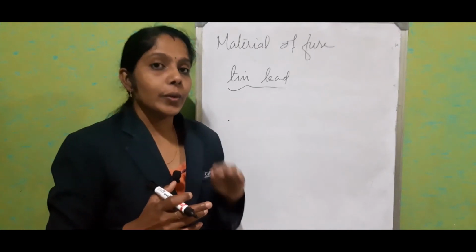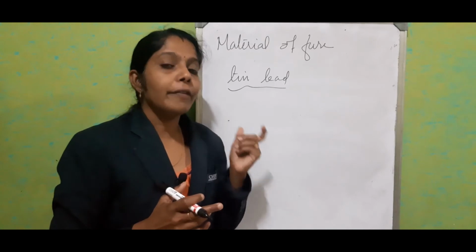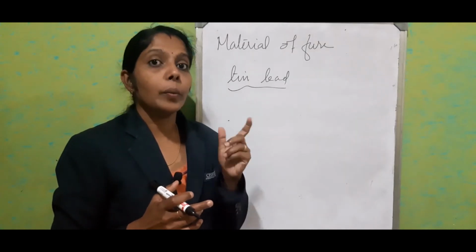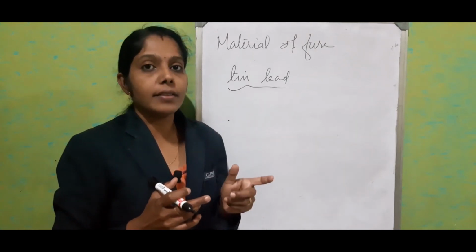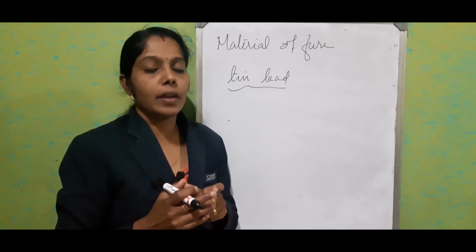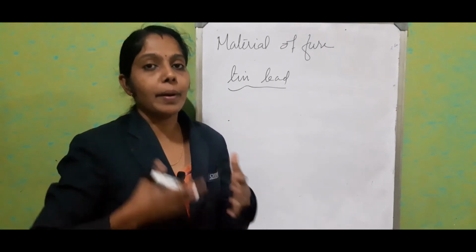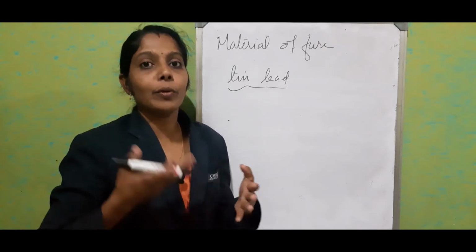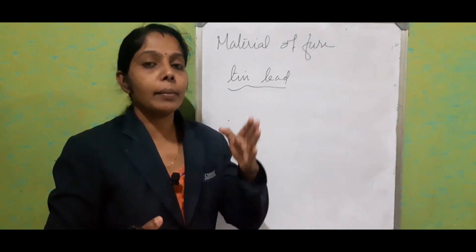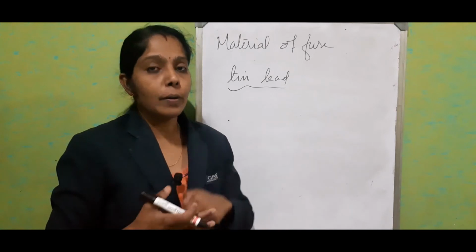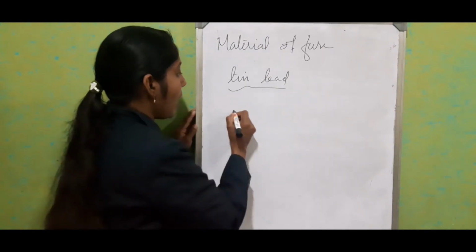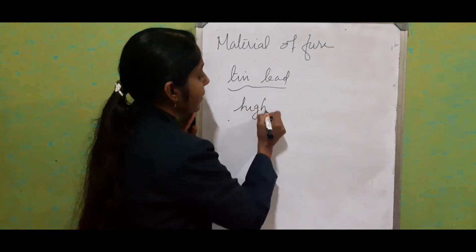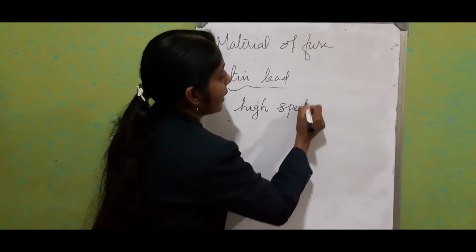That means we have to choose a material with a high specific resistance. Then only when excess current passes through the circuit, it creates more heat and makes the wire melt off. So high specific resistance is the first point.